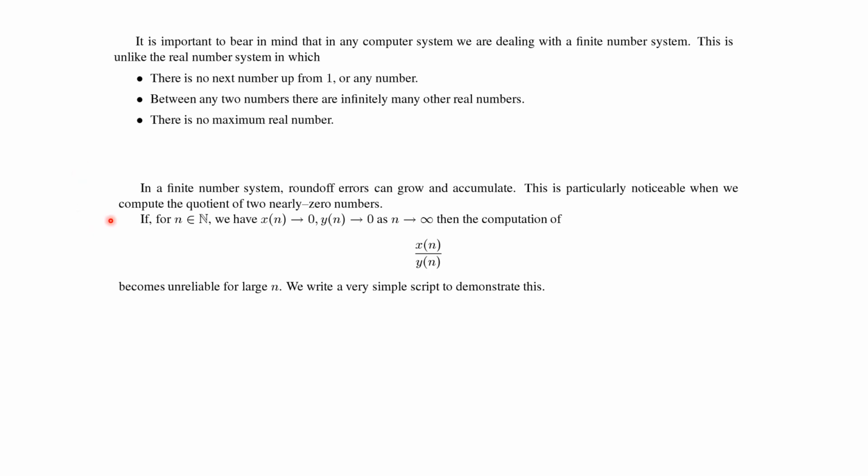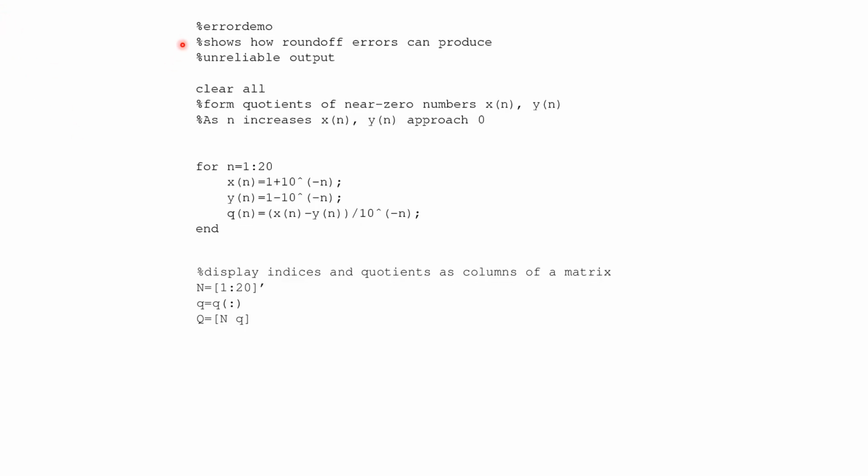And this becomes apparent when we start dividing by numbers, x and y, which get smaller and smaller as n increases. So we're forming the quotient of smaller and smaller numbers. The calculation of this quotient will introduce round-off errors, and we'll demonstrate that with a little script. Here's a little script which is meant to demonstrate this.